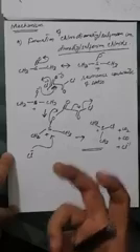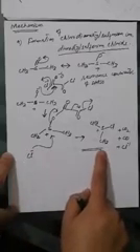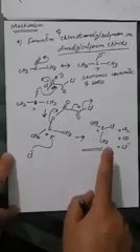So randomness has now increased. It means that entropy has increased. This is the driving force of this reaction, that the reaction proceeds in that direction where the entropy is going to increase.